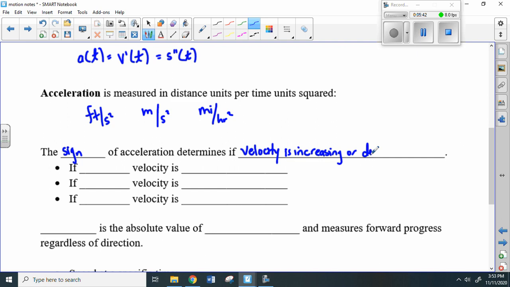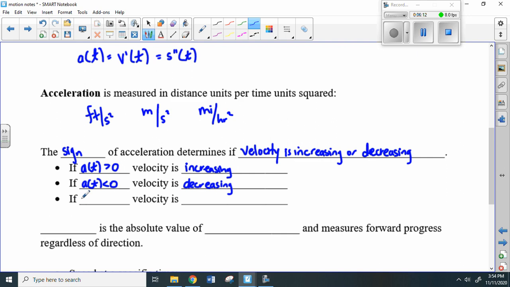You can go back and see that does agree with the connections that we made previously on the second derivative. Okay, so how does it work? Well, if acceleration is positive, then velocity is increasing. If acceleration is negative, then velocity is decreasing.